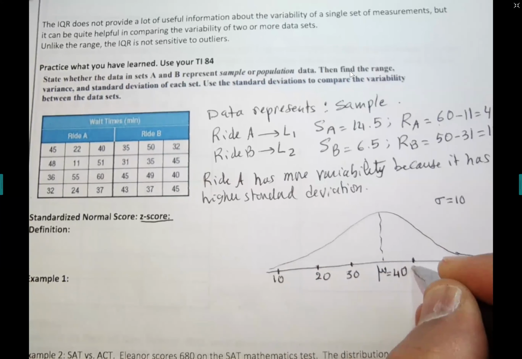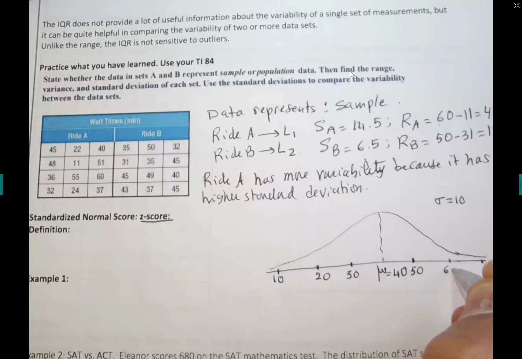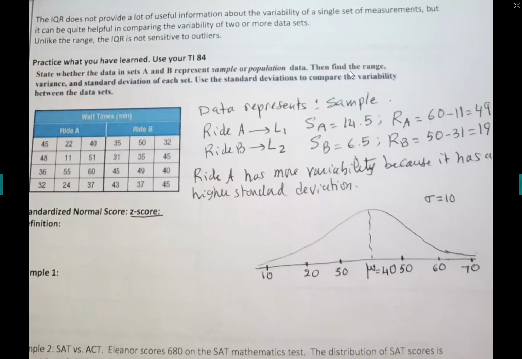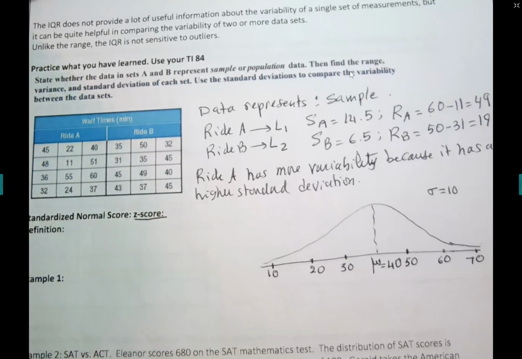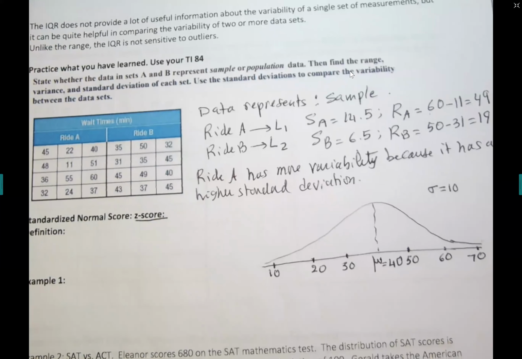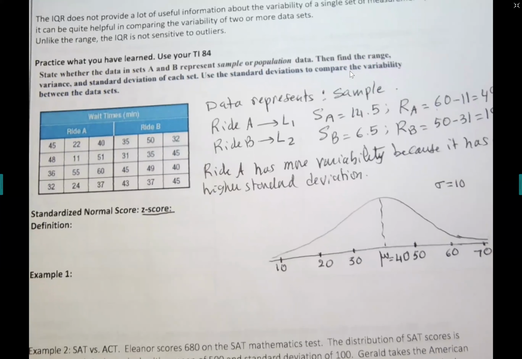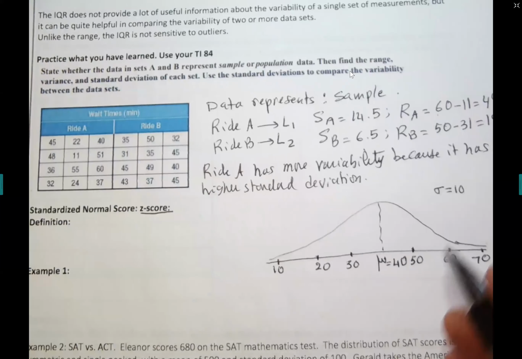And this one, guys, 50, 60, 70. Let me ask you some questions here. And then as you answer them, I'll be able to state the definition of the z-score. Okay, if I take this value right here, 50.